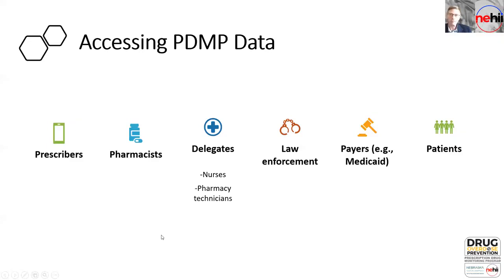insurance. And then more and more states are allowing patients to be able to have access to their PDMP profile. And that could be in case the patients just want to see everything that is on their profile. They have the right to, because it is, in a sense, their data.